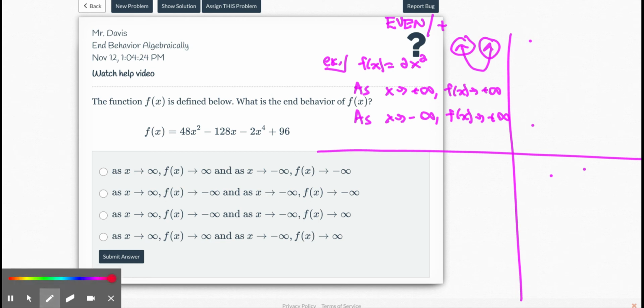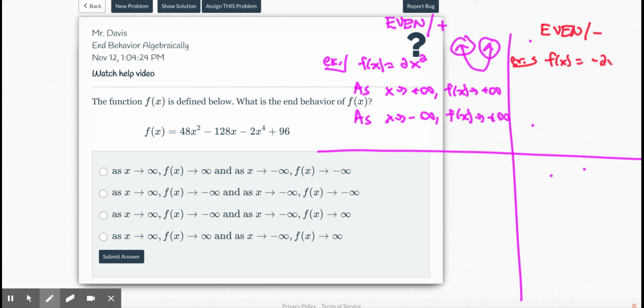The second one, let's do an even, talking about the exponents, and a negative. So that would be f of x equals negative 2x squared. And as we talked about, this is just going to flip it like that, right? So then as x goes to positive infinity, the function now is going down to negative infinity.